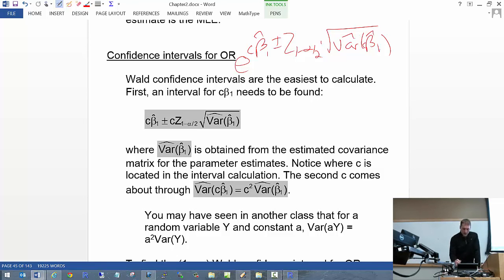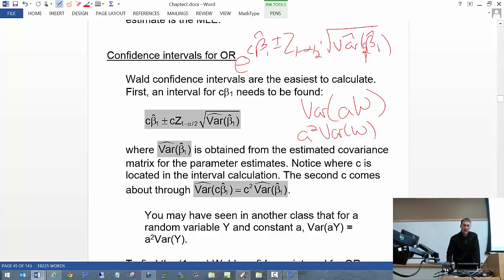One interesting note, and then we'll end with this. Notice how I have a c here. There's a nice little property, and we kind of saw this before: suppose I have a random variable, we'll call it w, and I have a constant a. The variance of a times w is a squared times the variance of w.